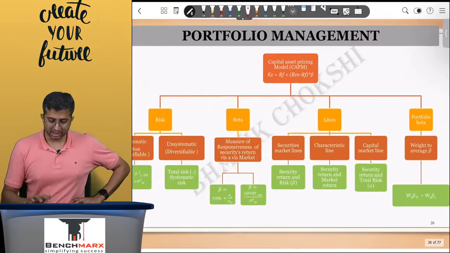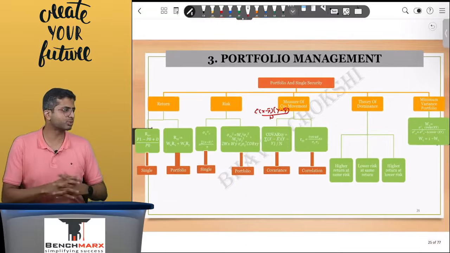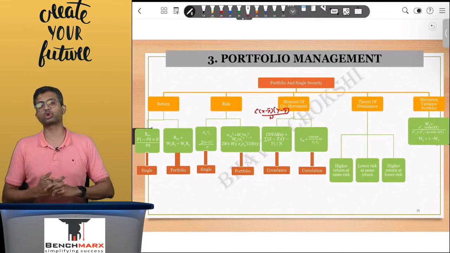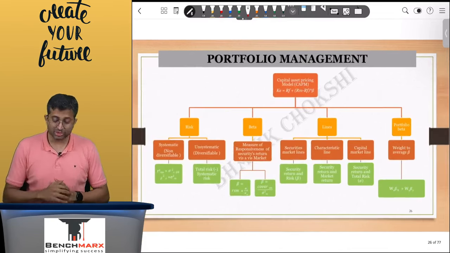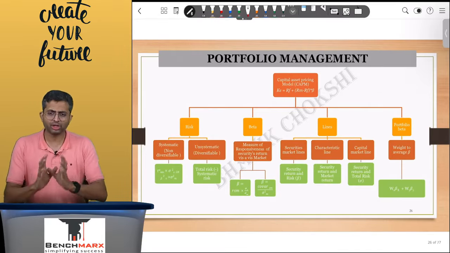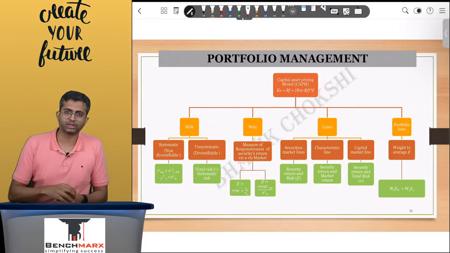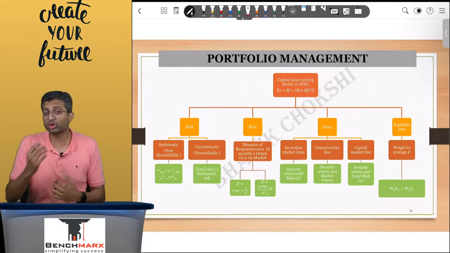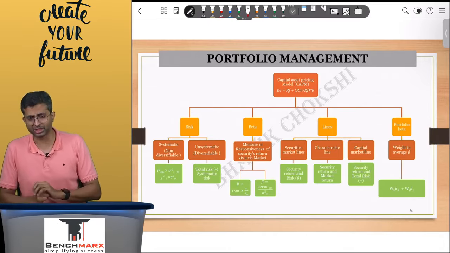Okay, next, so this was what we had discussed earlier. This is a theory which was given by Harry Markowitz, who focused largely on standard deviation. Then comes the era of William Sharpe, where Sharpe says that total risk is not the best barometer to measure the required rate of return. Total risk is to be broken up, as per William Sharpe, into systematic and unsystematic risks.